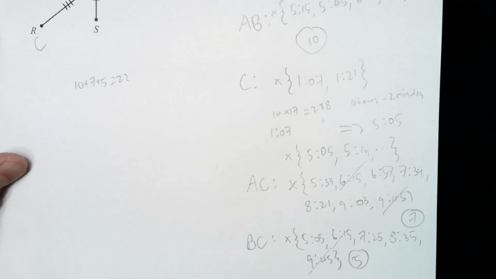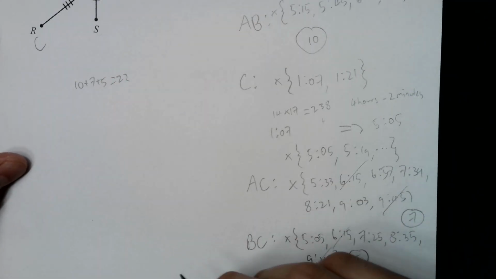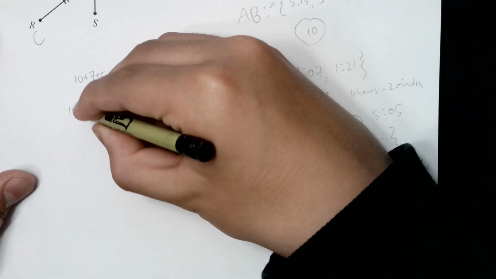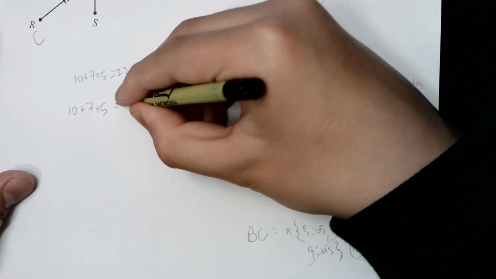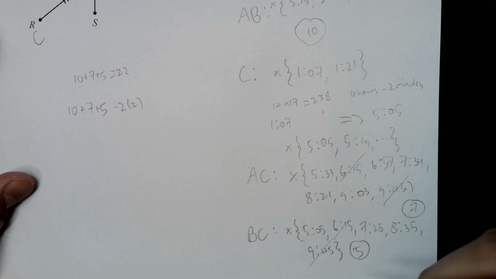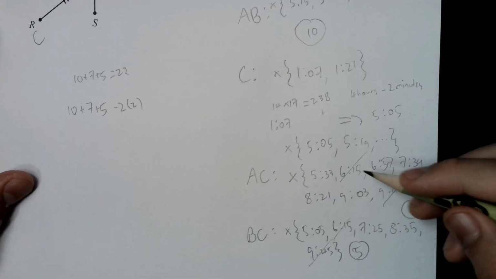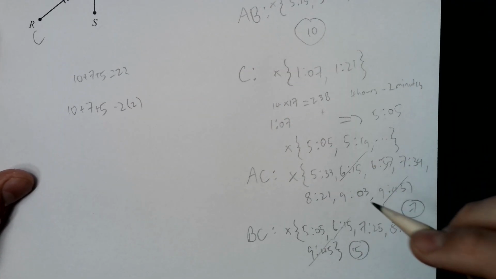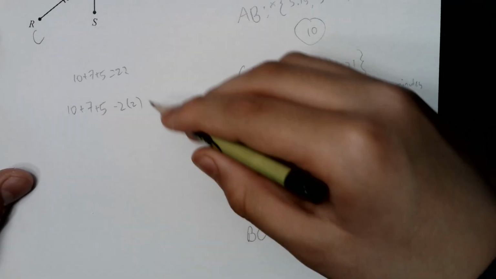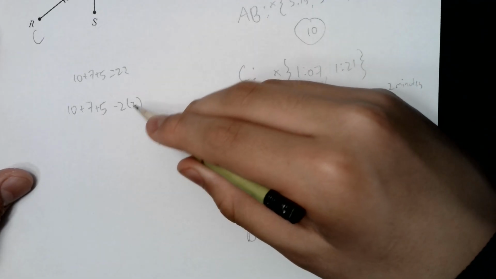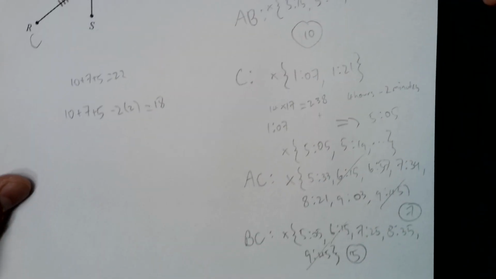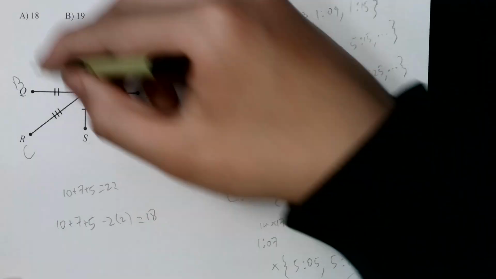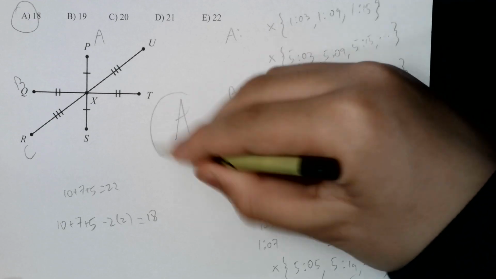So we'll have to minus 2 times 2. So it'd be 10 plus 7 plus 5 minus 2 times 2. Why? Well, because we're triple counting these 2 numbers. So that means it's going to be minus 2 times 2, which is going to be equal to 18. This means that the answer to this problem should be A, for 18.